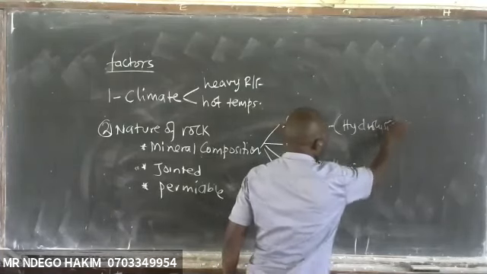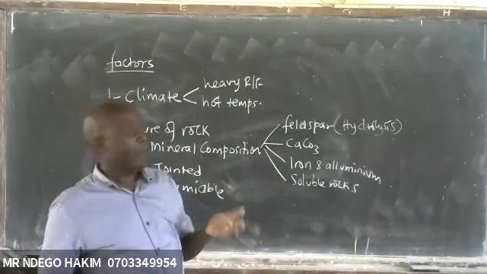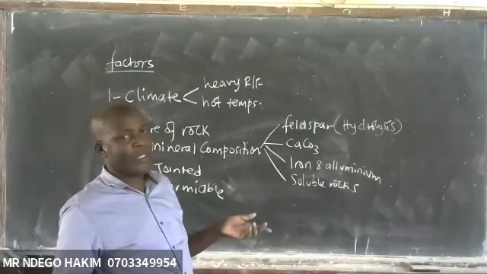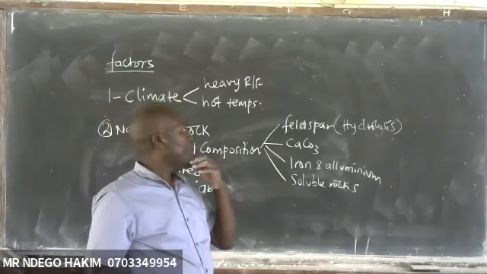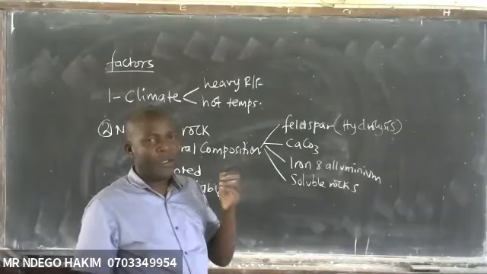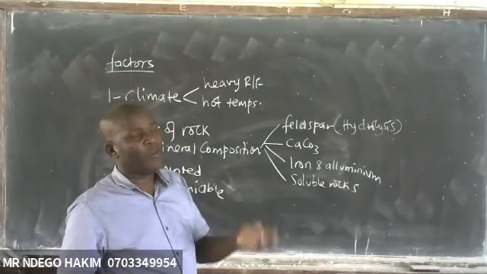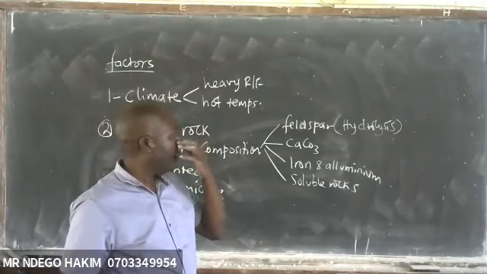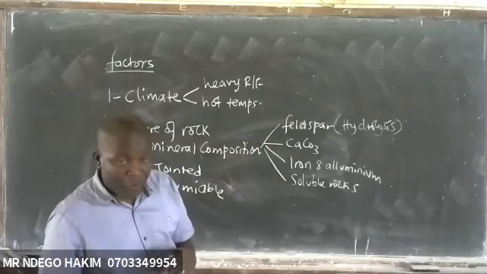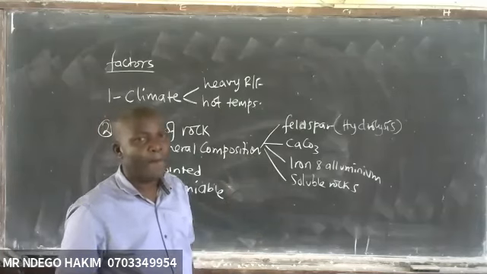Water containing hydrogen atoms reacts with feldspar, which breaks down to produce potassium hydroxide and silicic acid, which further decomposes into clay. So you can just say rocks containing feldspar can easily be weathered through the process of hydrolysis. That is when feldspar breaks down into clay minerals.